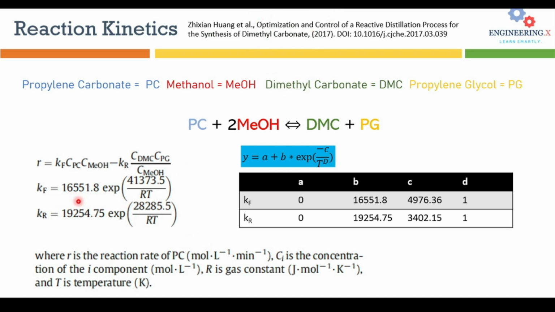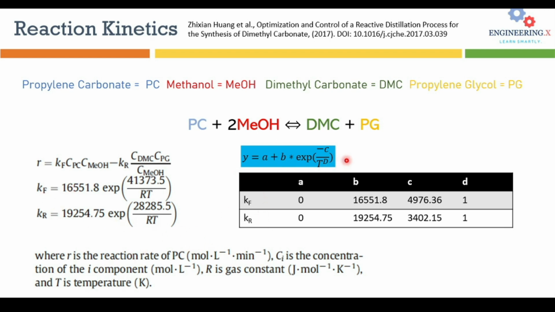Similarly, the forward rate coefficient and reverse rate coefficient are explained by these two equations, and the equation type is very similar to this form, and we need these coefficients to define reactions in DWSIM.